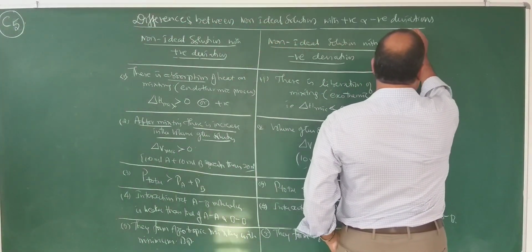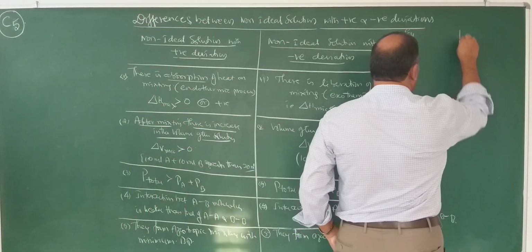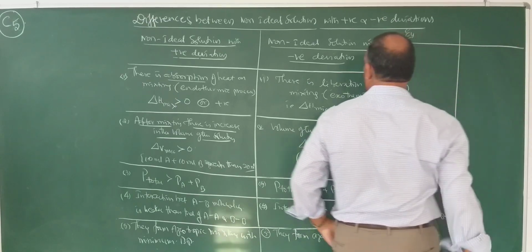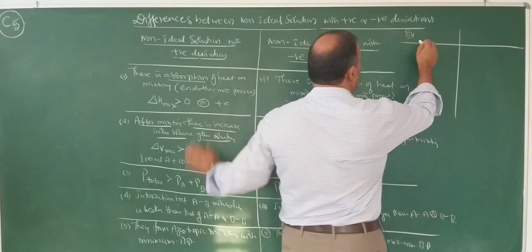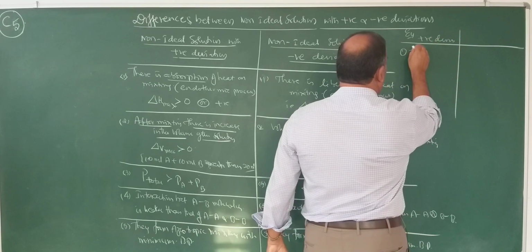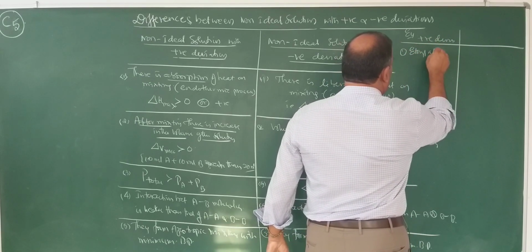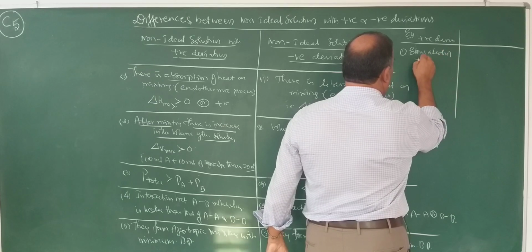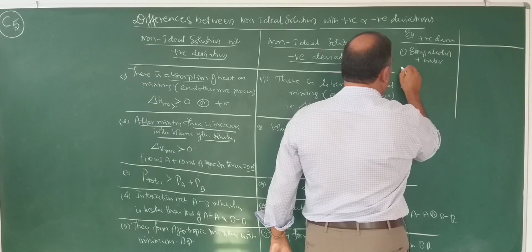Coming to the examples for non-ideal solution with positive deviation. Number 1, ethyl alcohol plus water.